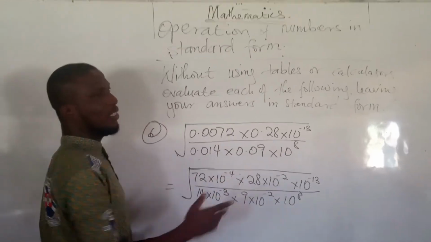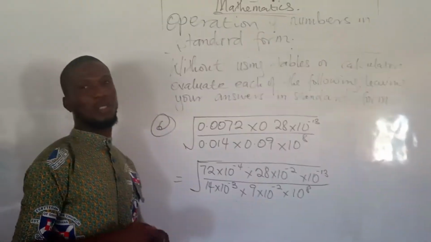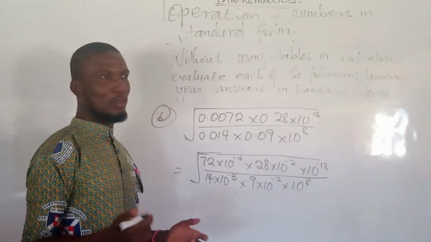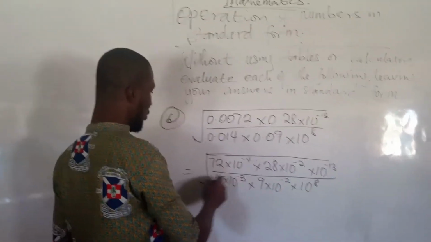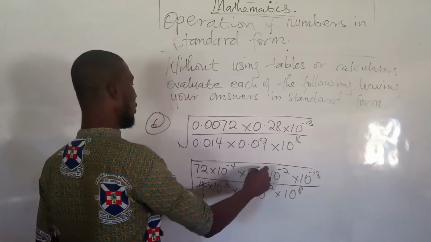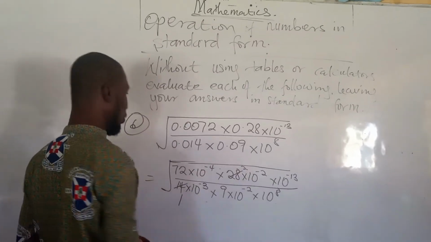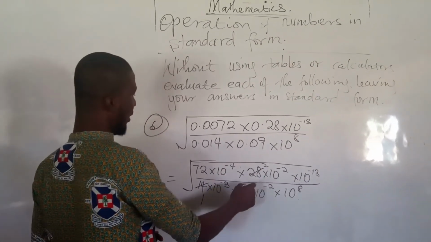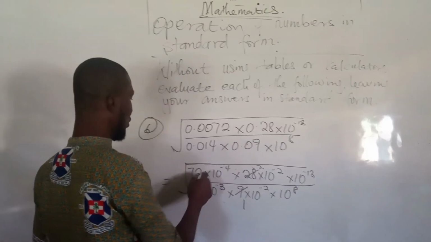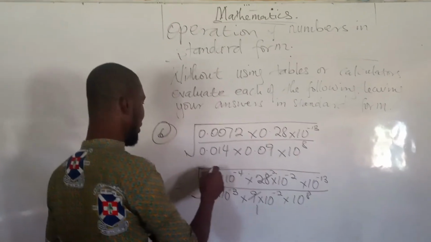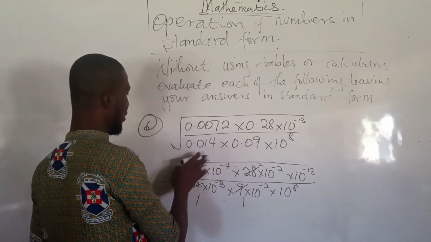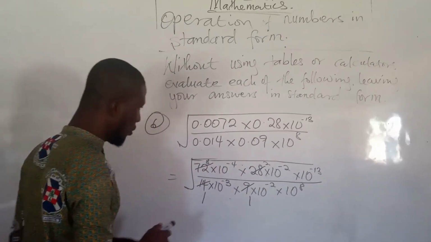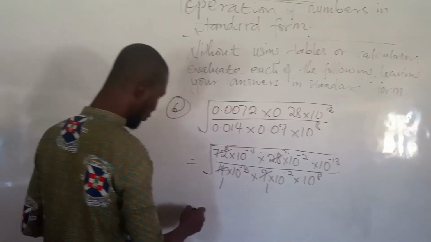Now we check again, just to reduce the numbers we are working with. We check whether we can get common factors. 14 will go into this here 1, goes here twice. Then 9 will go here 1, go here 8 times. Let me just put it inside here so that it will show that it's in the root.